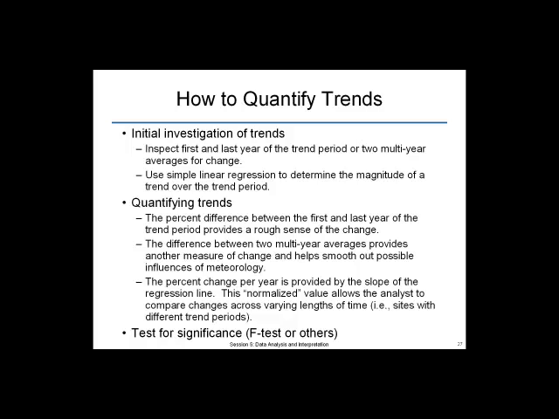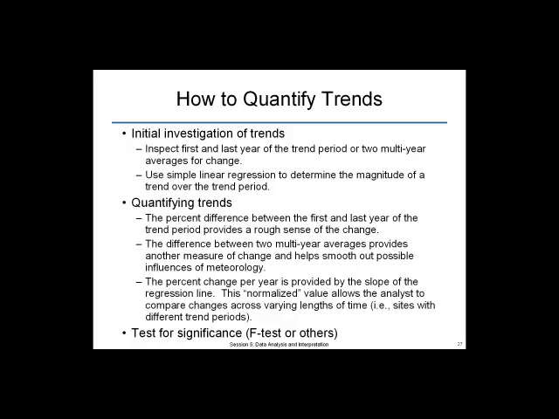We use a lot of simple linear regression to help us assess the magnitude of the trend over the trend period. When you do the linear regression, you can also do an F-test, which we've listed at the bottom here, to test whether the slope of the trend line is statistically significantly different than 0. That gives us some statistical measure of whether or not the trend makes sense.